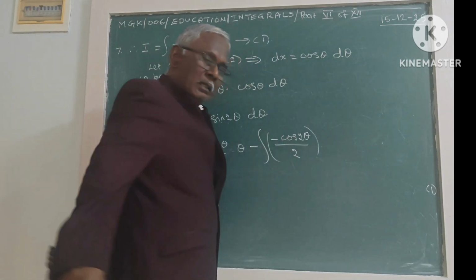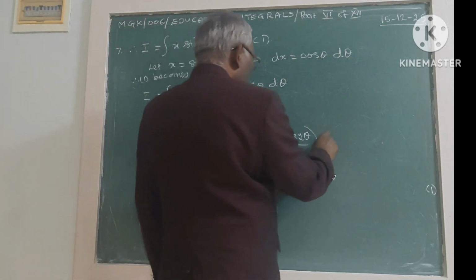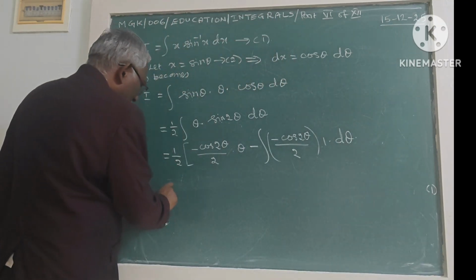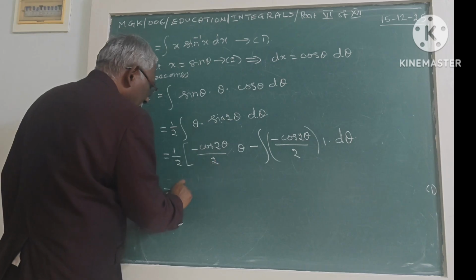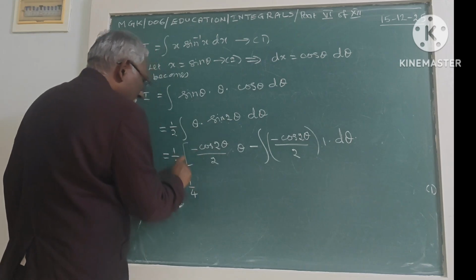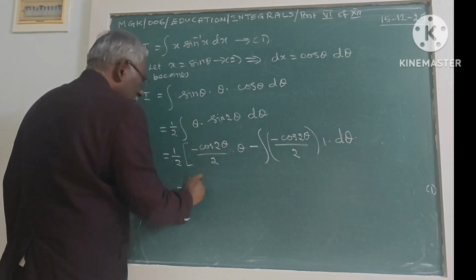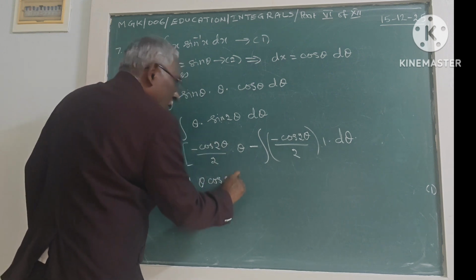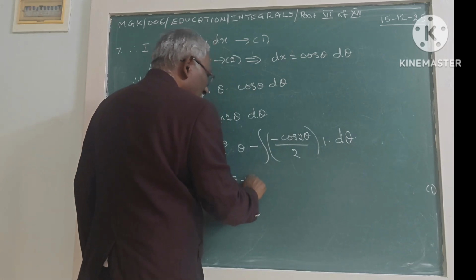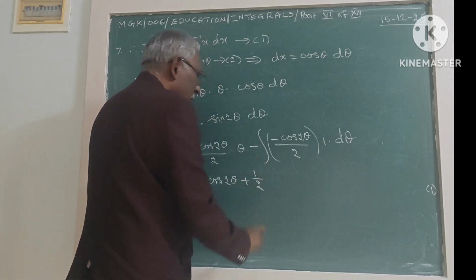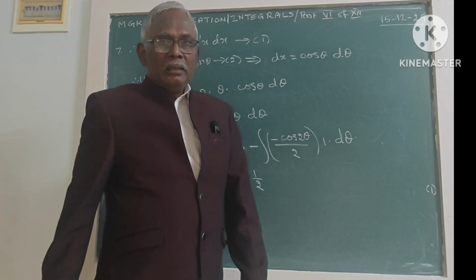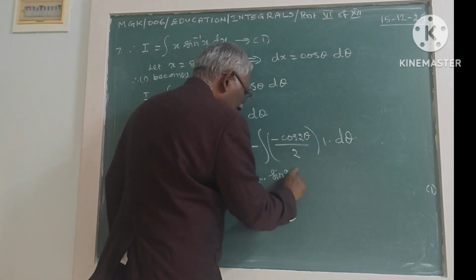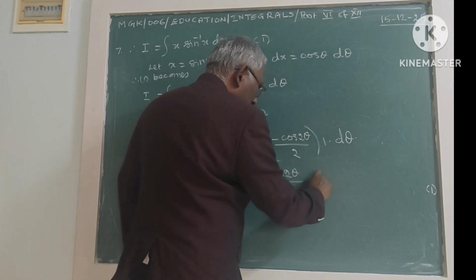If we differentiate theta with respect to theta, we'll get 1 into d theta. So this is nothing but minus 1 by 4 theta cos 2 theta, minus into minus plus 1 by 2 times integral cos 2 theta d theta is sin 2 theta by 2 plus constant.